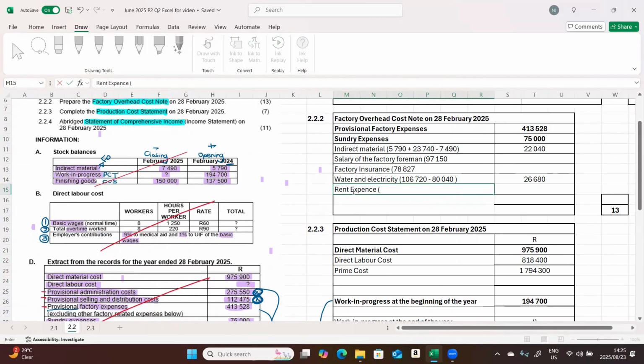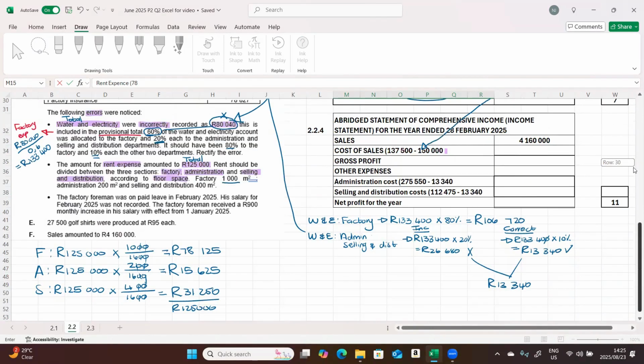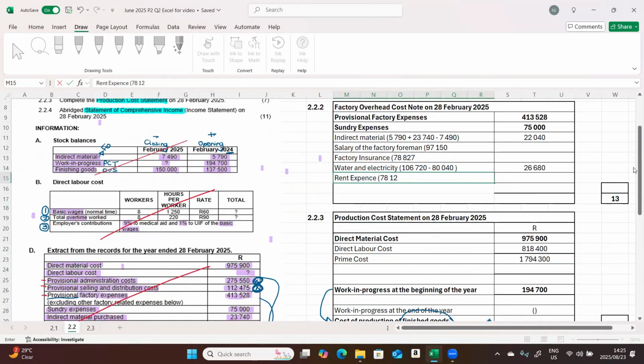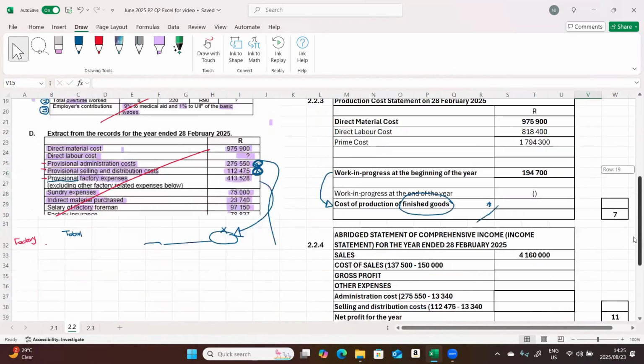Rent expense is then your 78,125. You don't actually have to write that there, guys, because that is the final answer. So 78,125, that is your rent expense, okay?